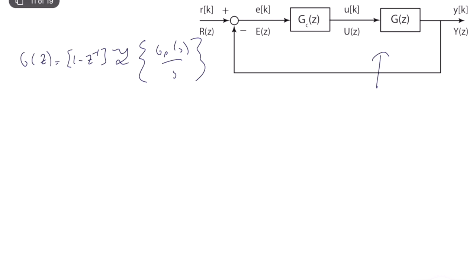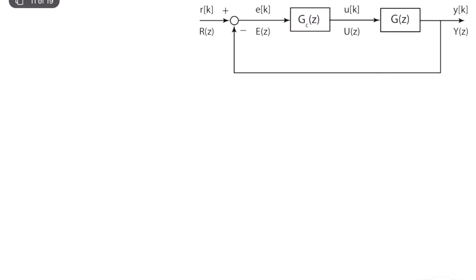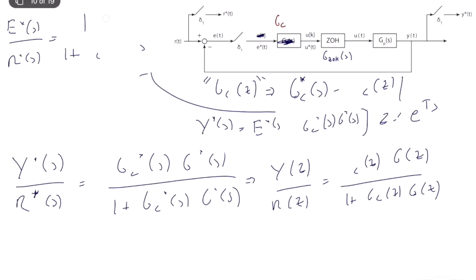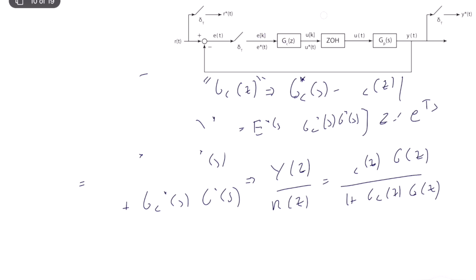Okay, good. So I want to solve a very simple example to get a better idea of what we can expect in a digital control system. Okay, so this is the topology. Let's clean everything again.